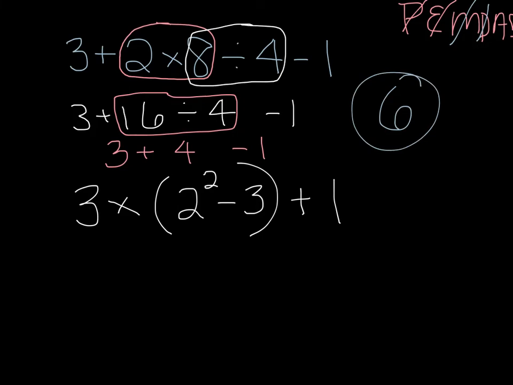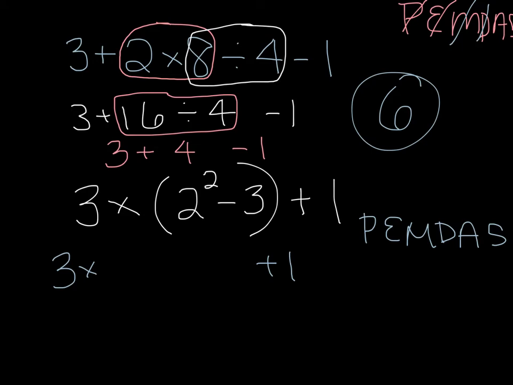So for the next example, we're going to jot down our PEMDAS again. And we look at parentheses. Everything that's not in parentheses, I'm going to write down. But within my parentheses, I have something else. I have exponents. I have to do the exponents inside the parentheses first.